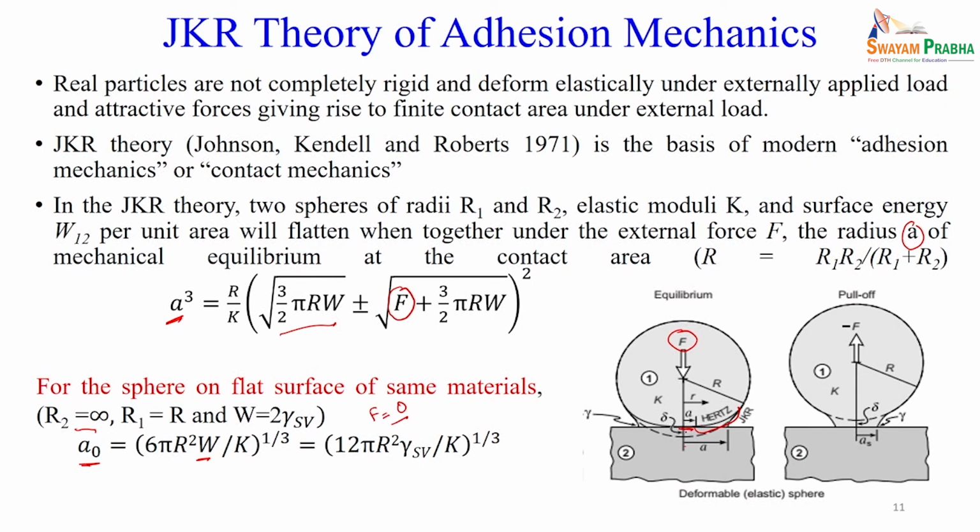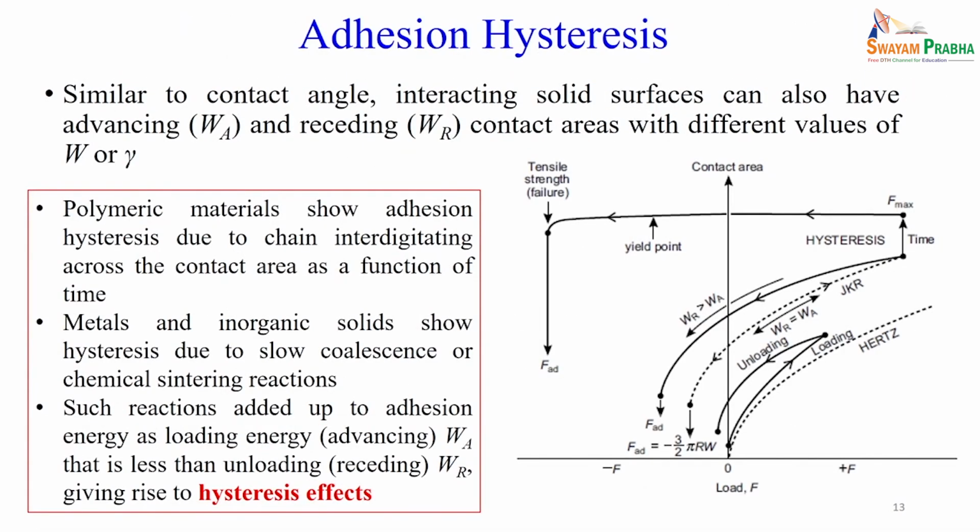So, there are going to be two different layers, this JKR layer, or you can say the Hertz layer, and there are differences in observations, or you can say there is some sort of deformation at the interface.